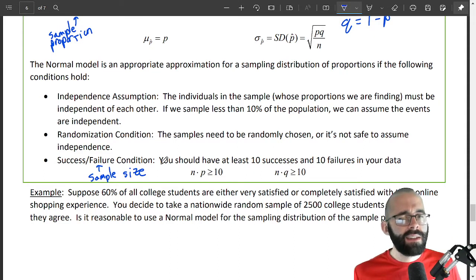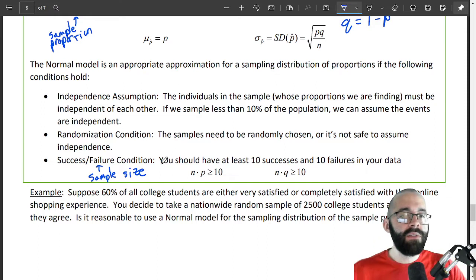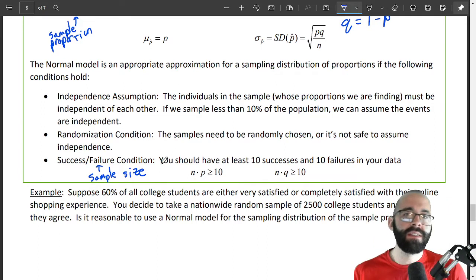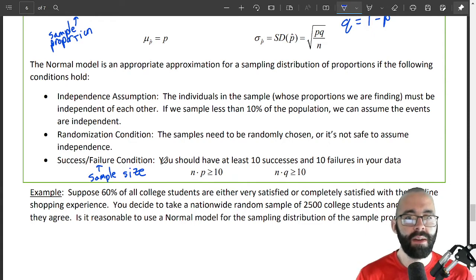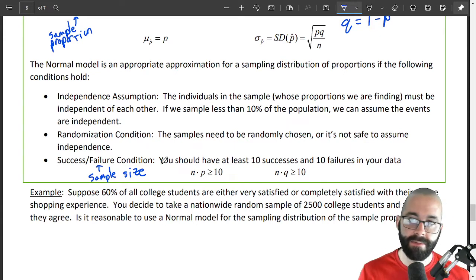But we said that as long as the population is big enough, sampling without replacement and sampling with replacement are essentially the same thing. So we can treat them as approximately independent. As long as we're sampling less than 10% of the population, with replacement and without replacement are essentially the same thing, statistically speaking.